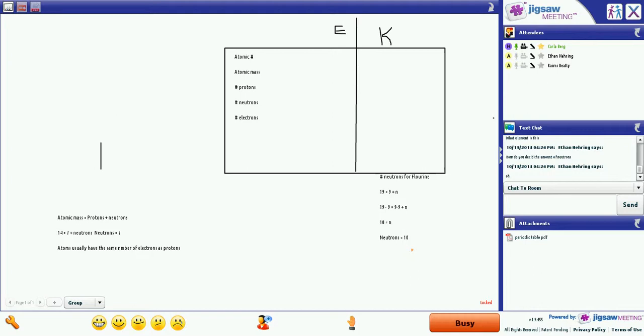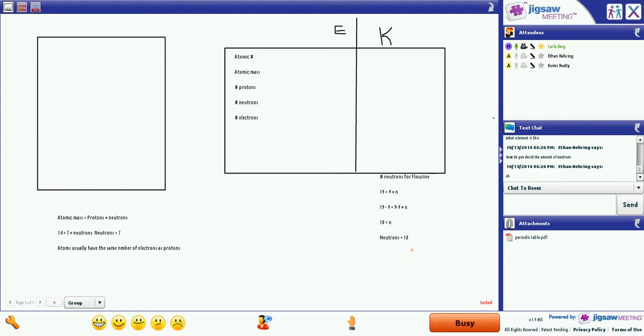We're going to do argon, or element. So here we have argon.